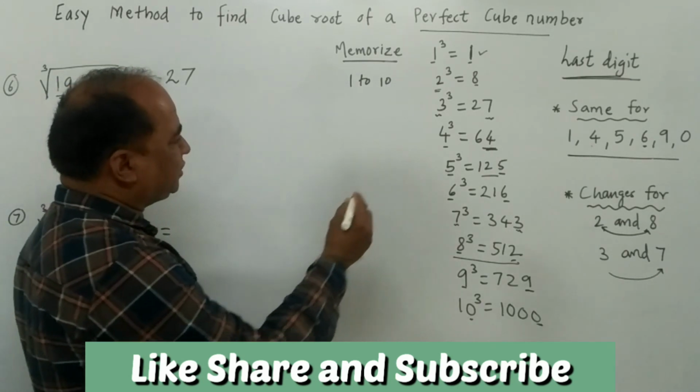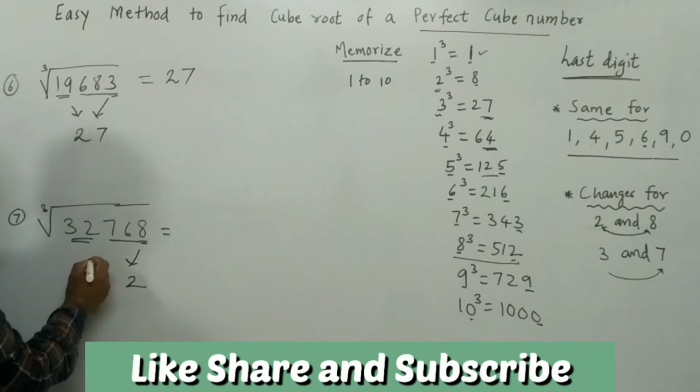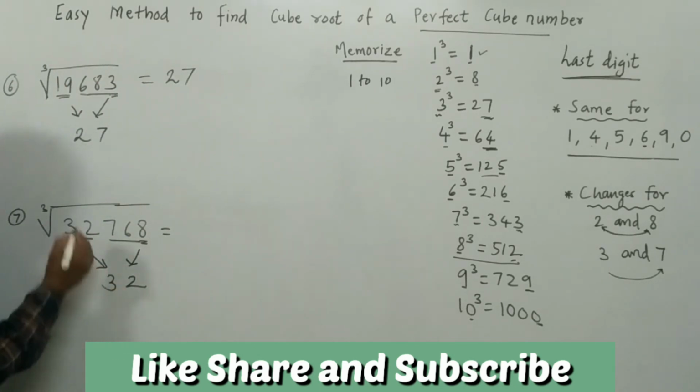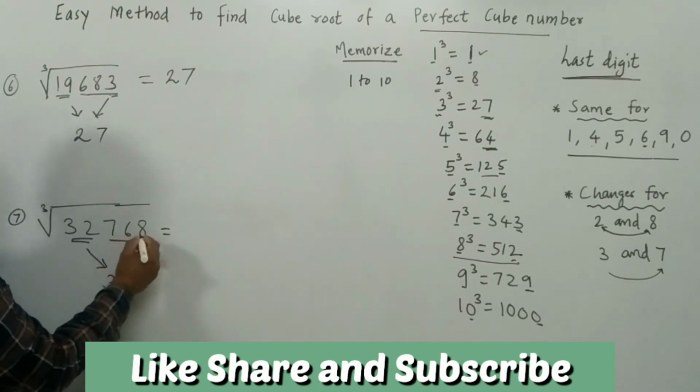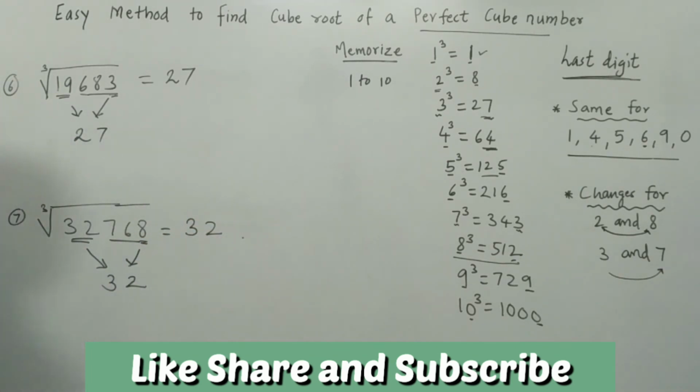The cube which is less than 32 is 27. So the number at the tens place will be 3. So the cube root of 32768 will be 32. In this manner we can find the cube root of any perfect cube number from 1 to 100.